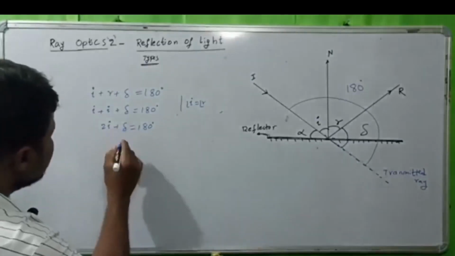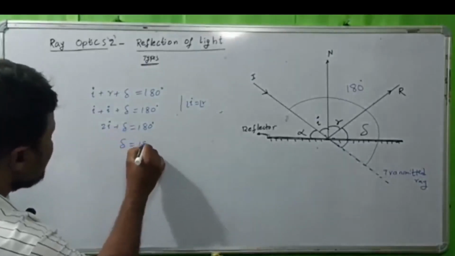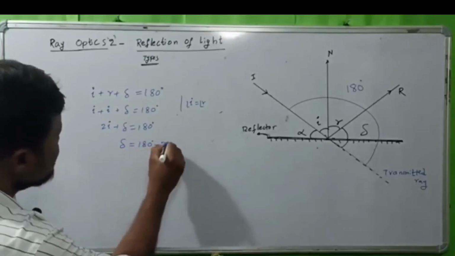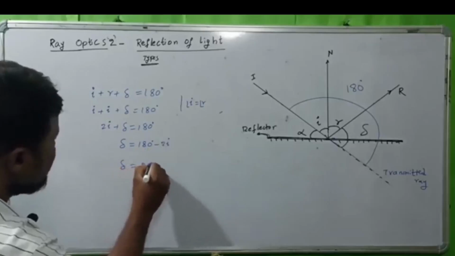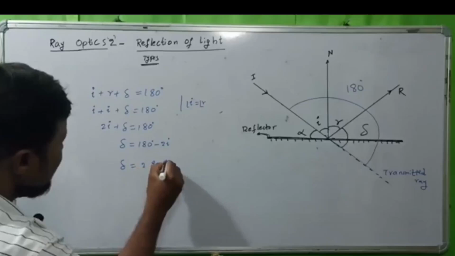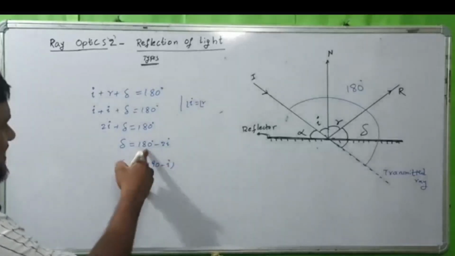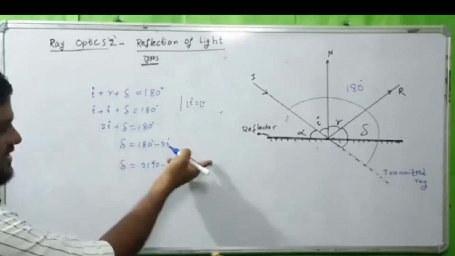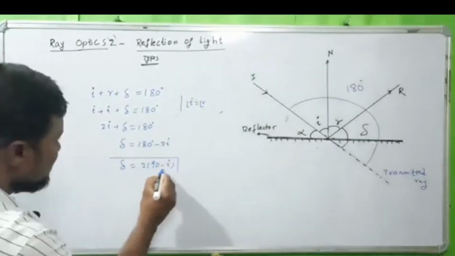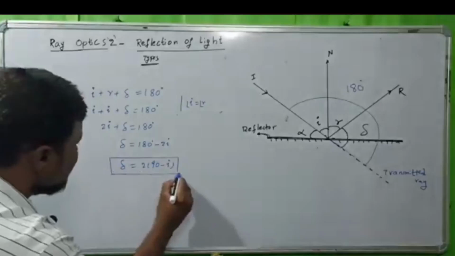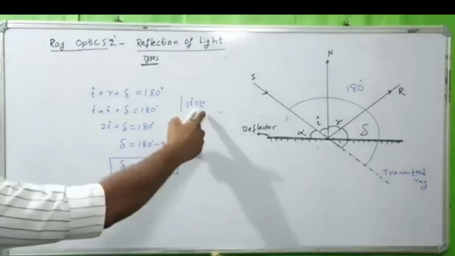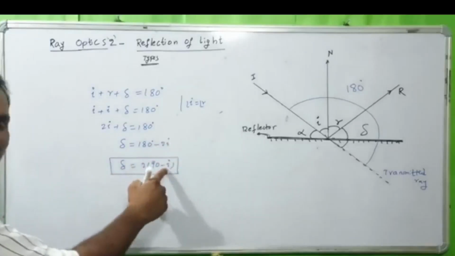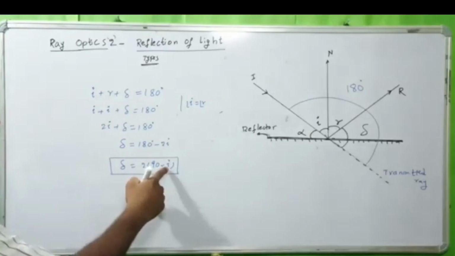Now delta becomes 180 degree minus 2I, or delta is equal to 2 into (90 minus I). This is the relation between angle of deviation and angle of incidence. Since I is equal to R, you can also write R here, no problem.